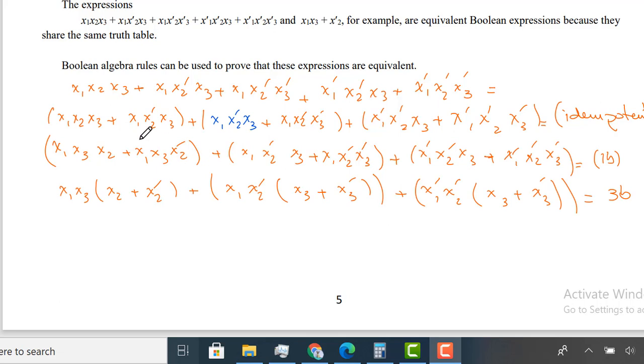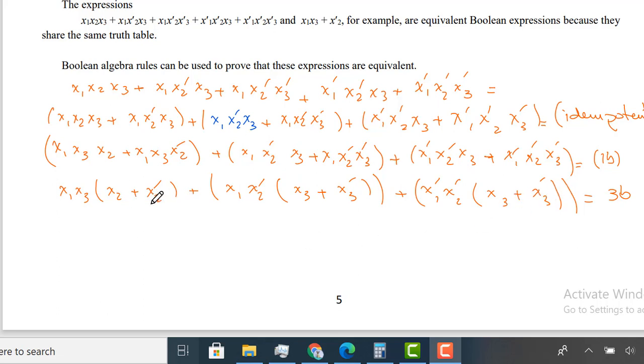So right here I first switch this by using the commutative law here and here. This way I could, as we say in normal algebra, factor, but we use distribution here. You pull out x1, x3, x1, x2 naught, x1 naught, x2 naught. And this way what's left is x2, x2 naught, x3, x3 naught, and another x3, x3 naught.